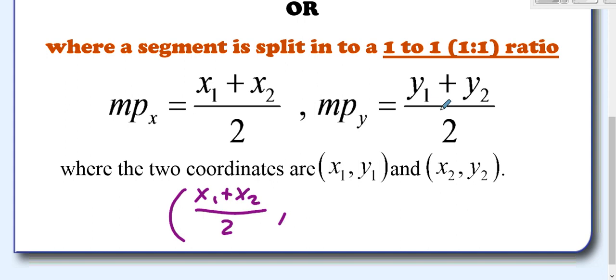And y1 plus y2 over 2 gives you the y coordinate. And it's the midpoint, so you write your coordinates in parentheses separated by a comma, just like that.